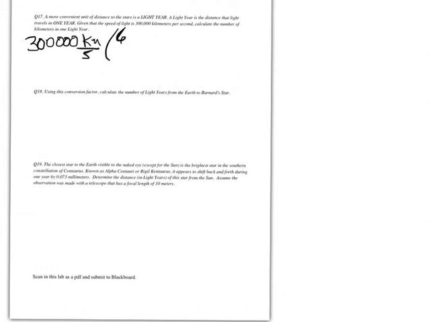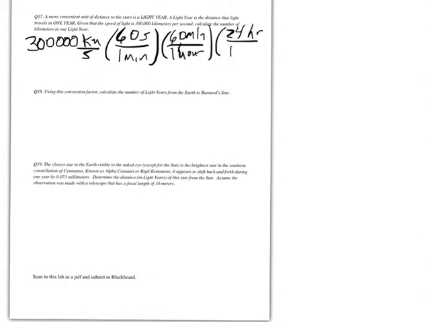And we know that, remember, converting is multiplying by appropriate units of one. So we know there's 60 seconds in 1 minute. We know there's 60 minutes in 1 hour. We know there are 24 hours in 1 day. And there's 365 days in a year.